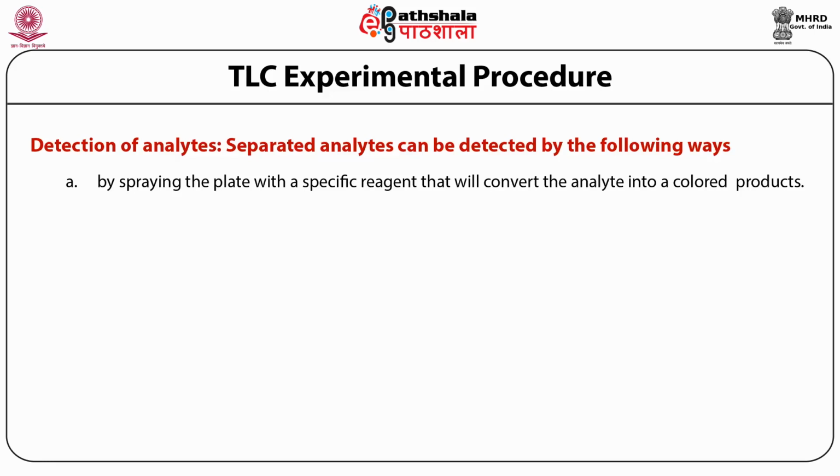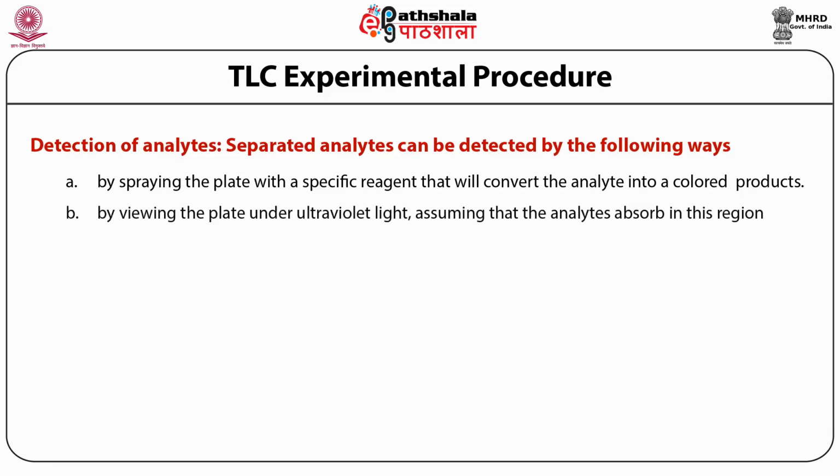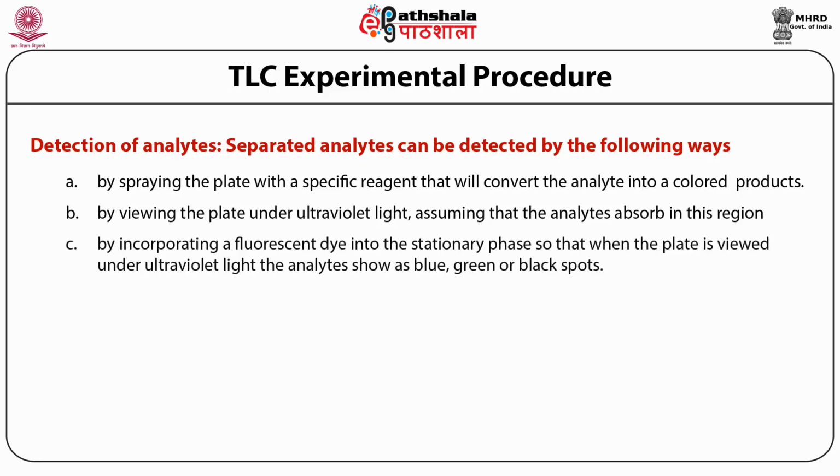The second way by which you can detect the analytes on the plate is by viewing the plate under ultraviolet light, assuming that the analytes will absorb in this region. Another way of detecting analytes on the plate is by incorporating a fluorescent dye into the stationary phase, so that when the plate is viewed under ultraviolet light, the analytes show as blue, green, or black spots, as you can see in the figure shown here.